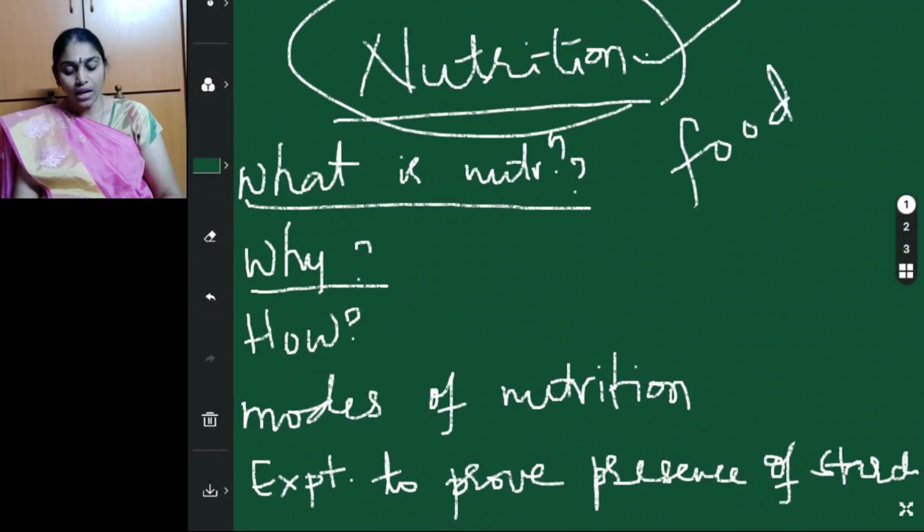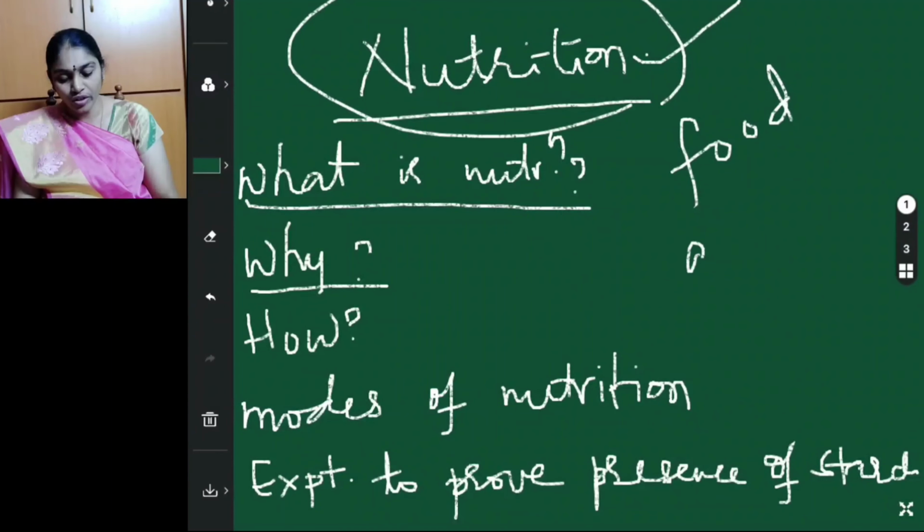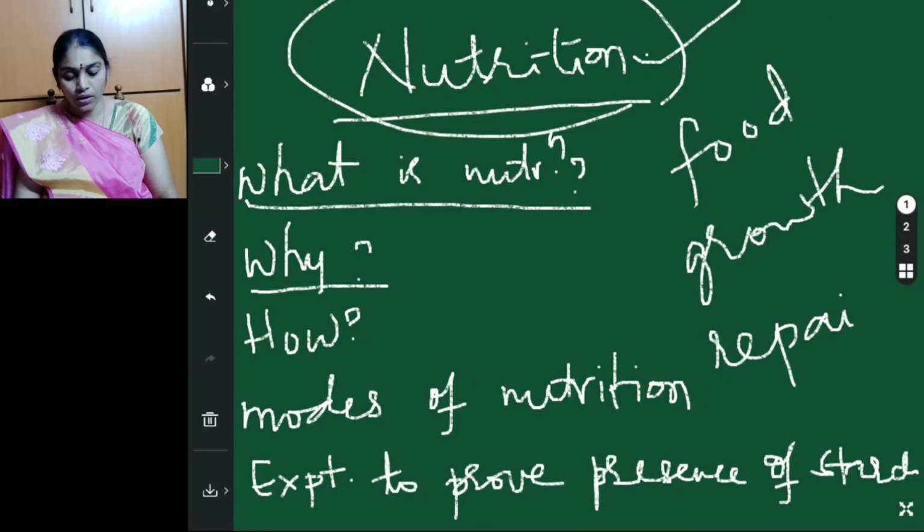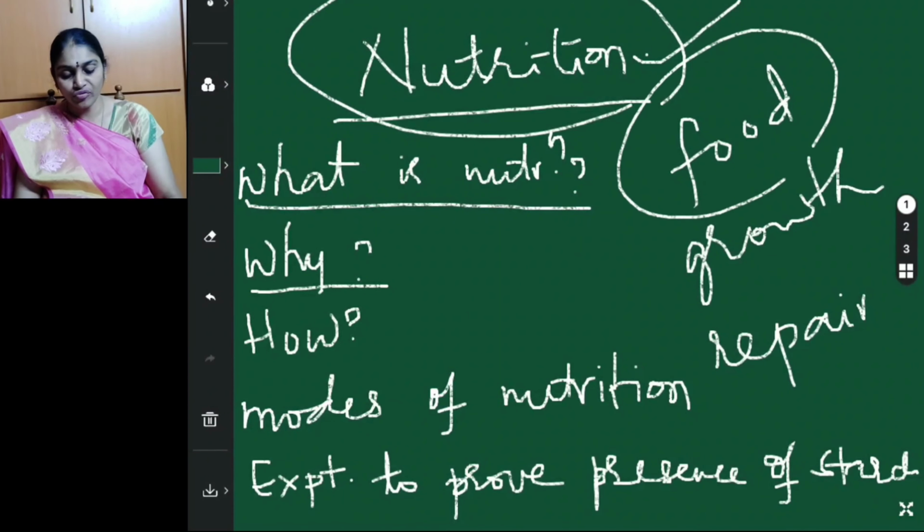So that means we need food for growth too. Whenever you play games or sports, you may be hurt, you may be injured, but after few days, it will be healed and again the skin comes back to normal. So how is it happening? That means some repair work will go on in your body by taking food.